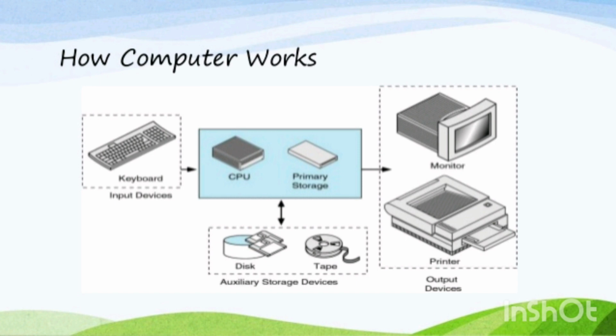There are many storage devices. The auxiliary storage devices are disk, tape, pen drive, and memory card. We can store the information for a longer duration, and you can delete it when you want.